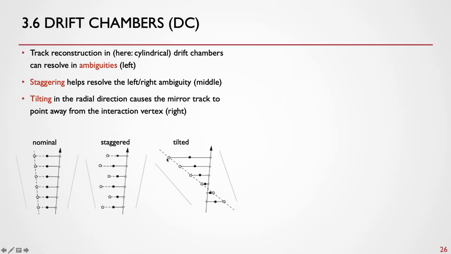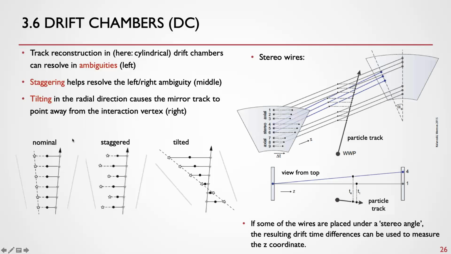The mirrored one would not point to the beam spot where the primary collision happens, and thus can be excluded. So these are two ways to remove the ambiguity in reconstructing a track from the drift times when you don't have directional information, you only have the timing information for the individual ionization yields.